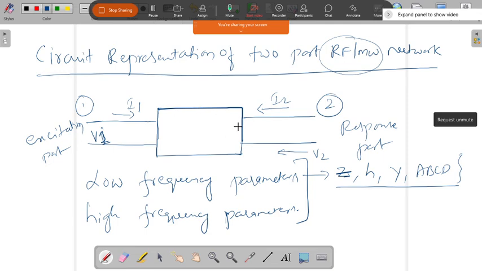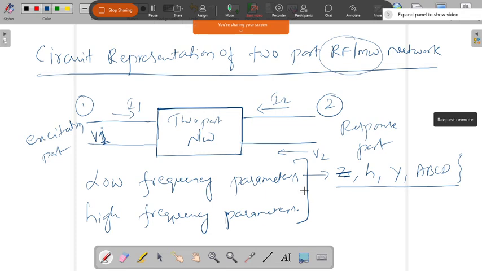Now if I define the Z parameters for the network shown here, this is a two-port network with input voltage V1, the corresponding current I1, and this is I2, and this is V2. So what are Z parameters?